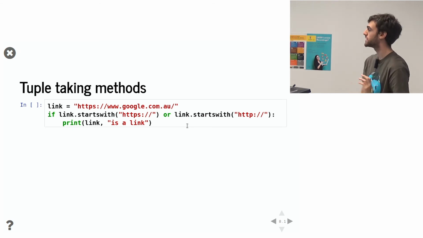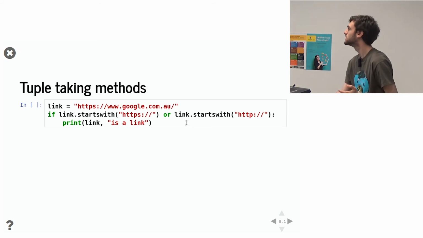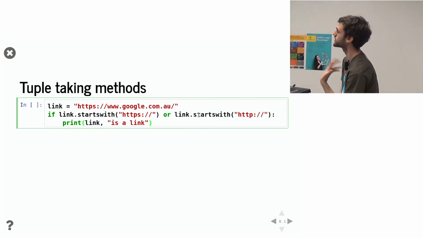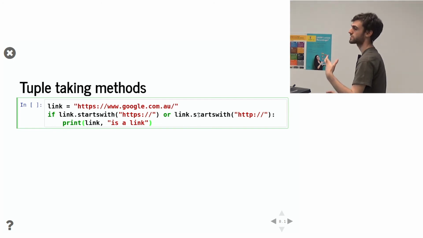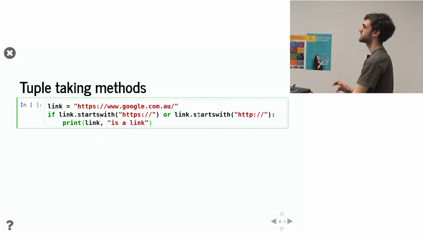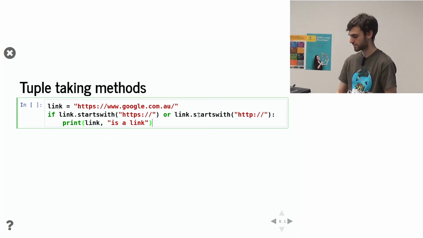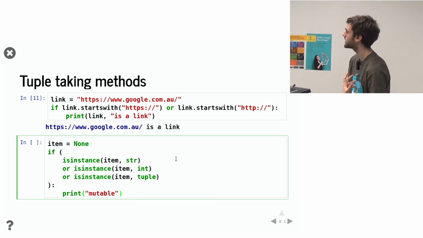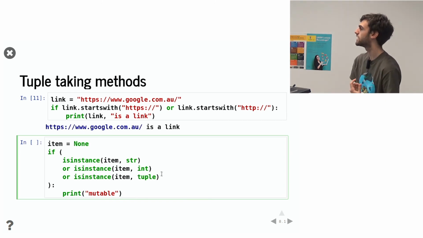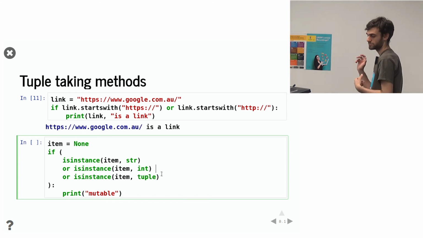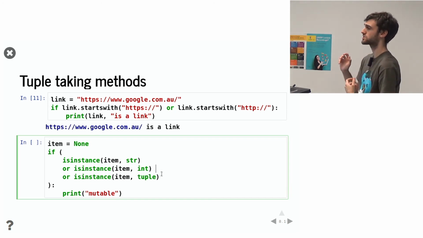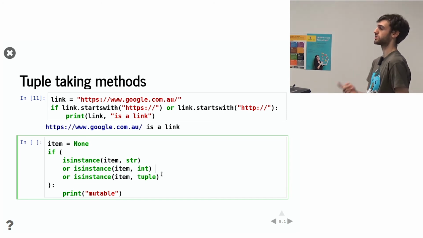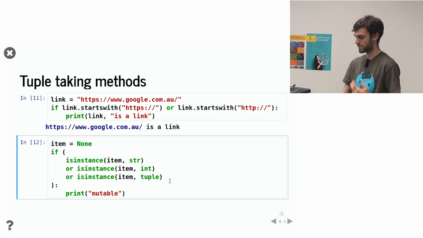So some methods actually take in tuples. For example, if we have code like this, which checks does this website start with HTTP or HTTPS, then it's a link. Or if we have some code like this, which is the instance of item a string, an int, or a tuple, then it's immutable, right?